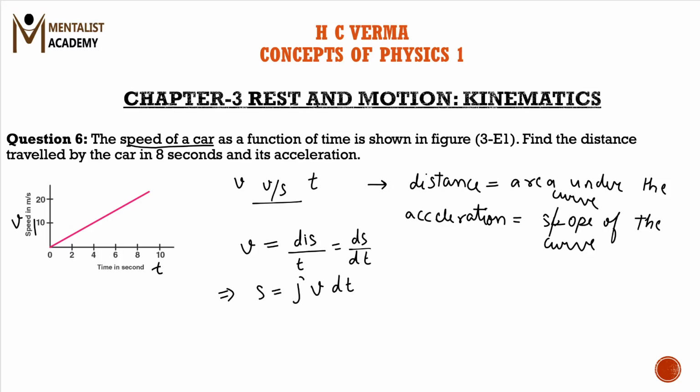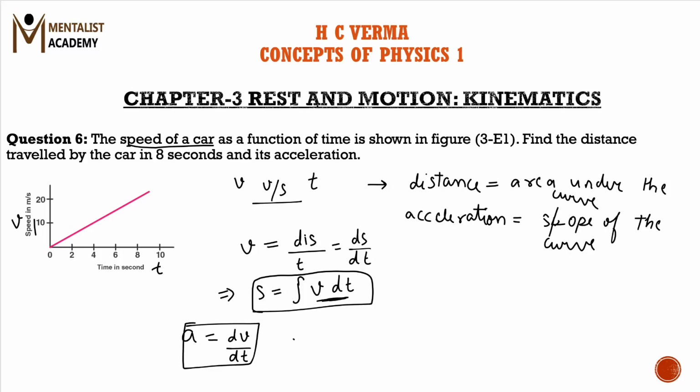So we have to find the area under the curve of the speed versus time graph, and also acceleration is equal to dv upon dt, which is the slope of the curve.